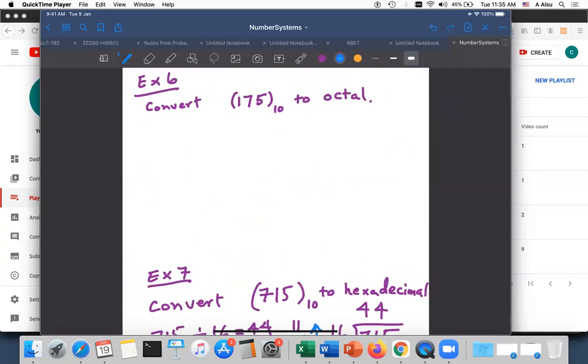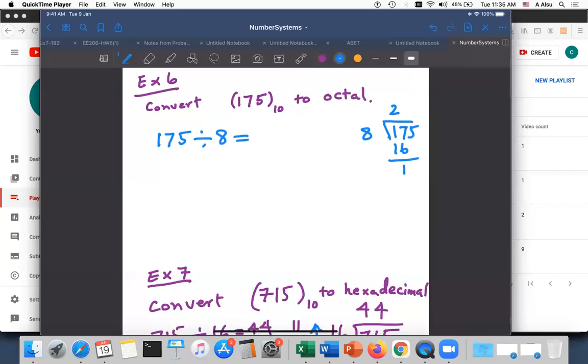Okay, so 175, I start dividing by 8 and collect the remainders. I have to do the division, right? 8 into 175. Who can tell me what is the quotient here? It's 2. So I'd say 16, and the difference is 1.